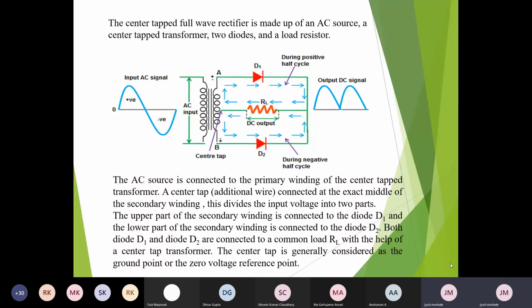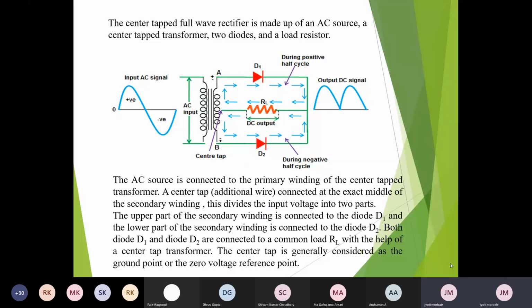In the same way, the second diode D2 is connected at the lower side with its anode at terminal B, and the cathode of diode D2 is connected to the load resistor RL. That means at the load resistor we have the cathode connections of both diodes D1 and D2.